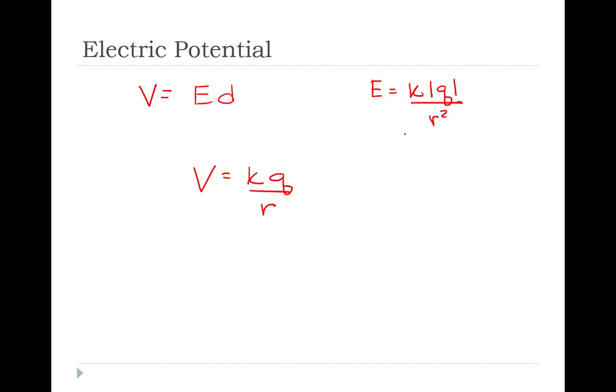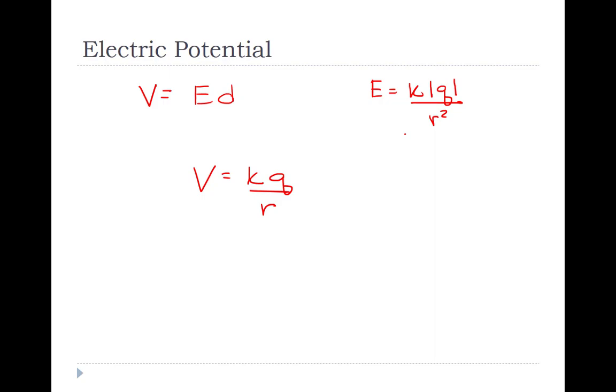Scalars don't have directions, so I don't have to worry about directions. And because of that, I need that Q to not be absolute valued. If I have a negative charge, I need that to lead to a negative potential. Otherwise, it's not going to work properly. Okay, so no absolute value here.